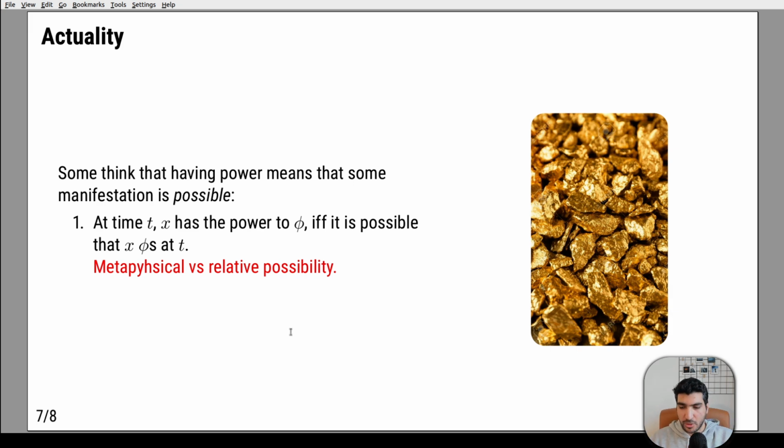And if we want to talk about a kind of relative possibility, in the sense that, okay, let's fix these things and then see what else is possible, then in that case, we would also get some strange conclusions. Relative possibility is that when we fix something, and then we say that, okay, if I fix that, I will still have the power.